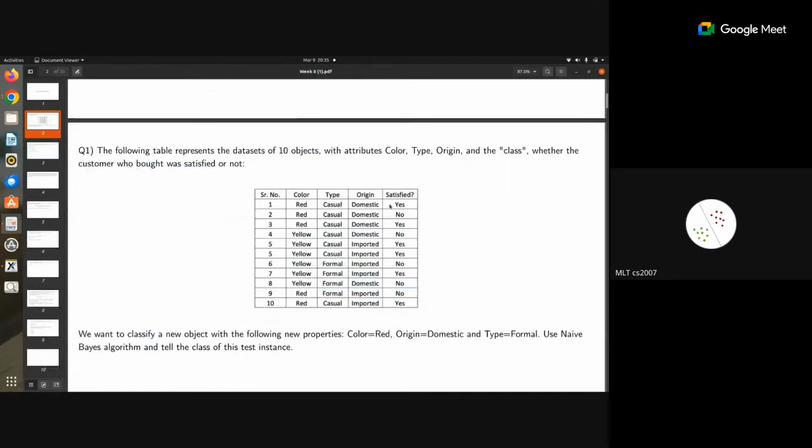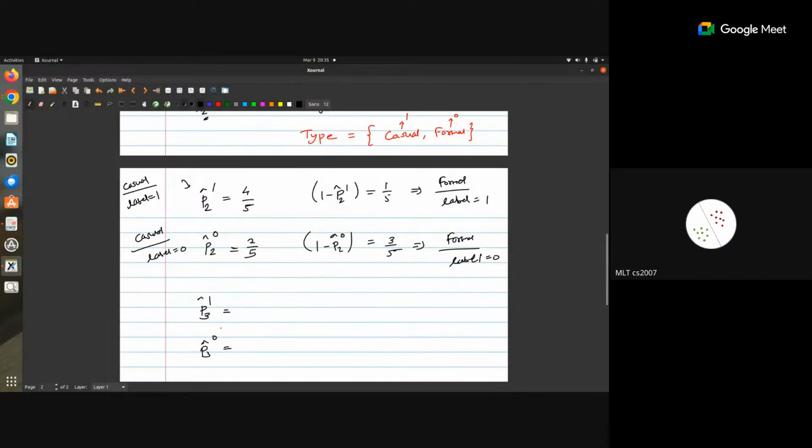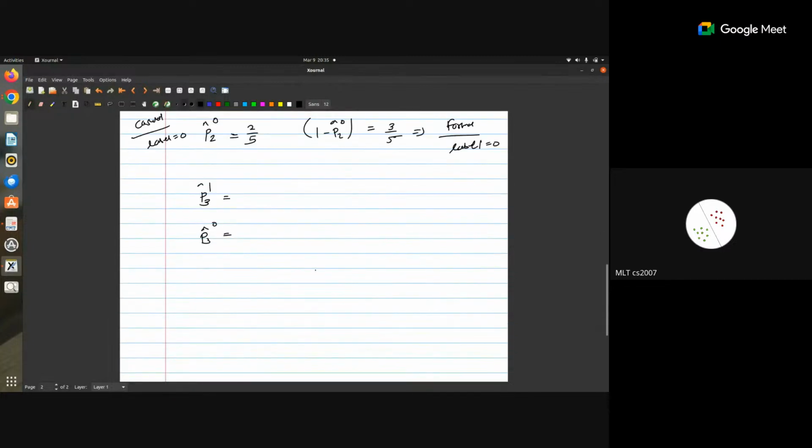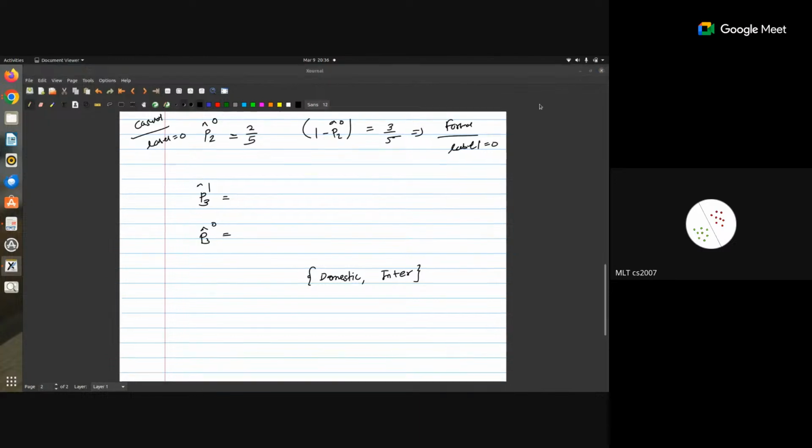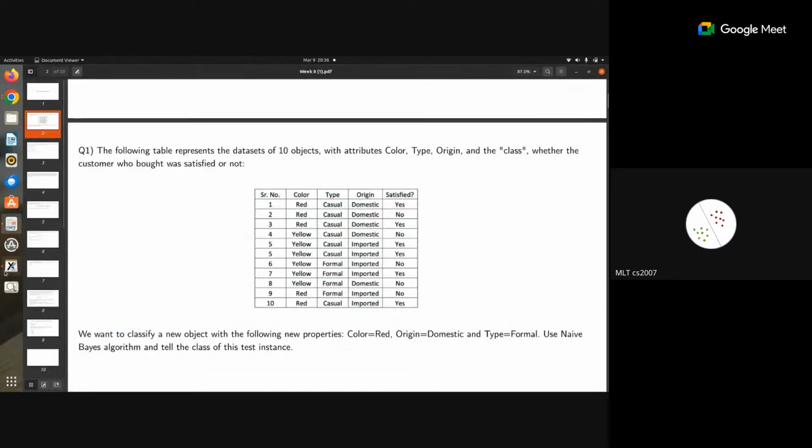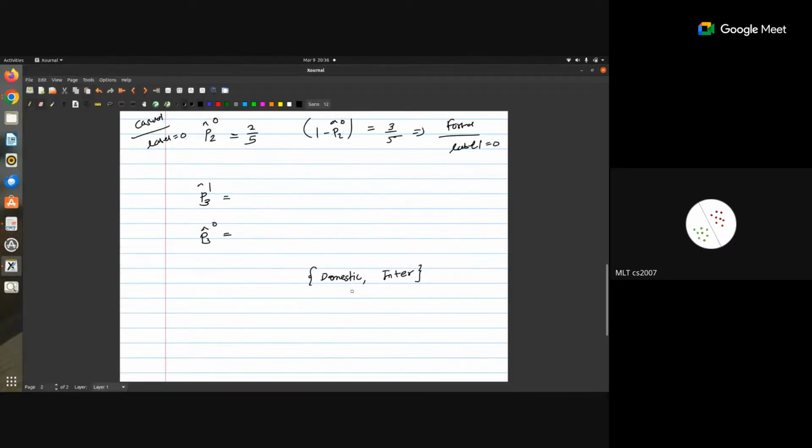Similarly, now I'll write down P3 hat 1 and P3 hat 0. The third feature is origin: domestic, which I'll denote as 1, and imported, which is 0.